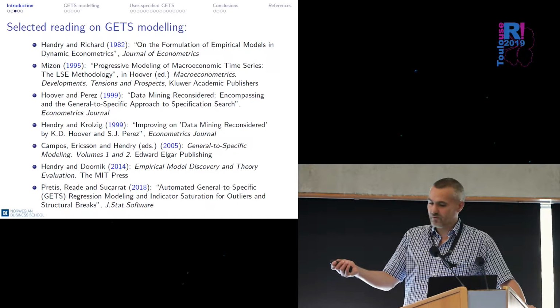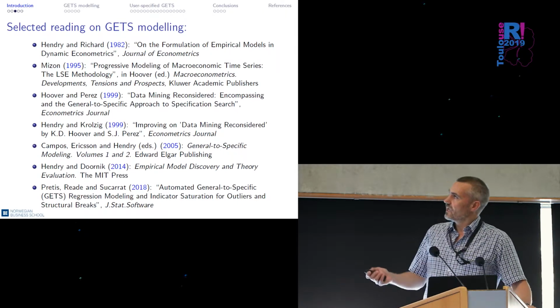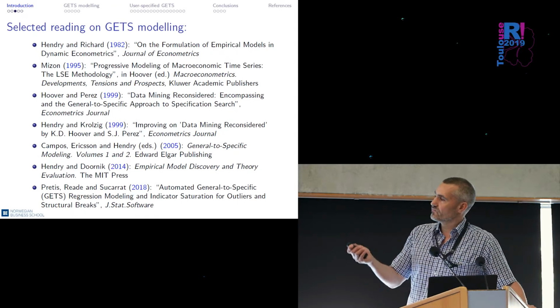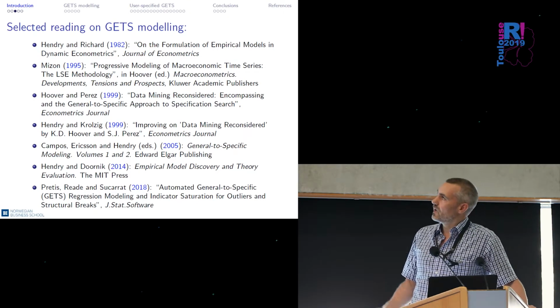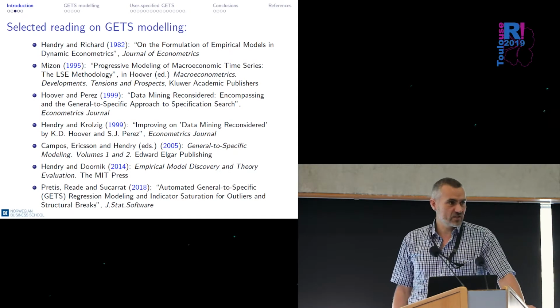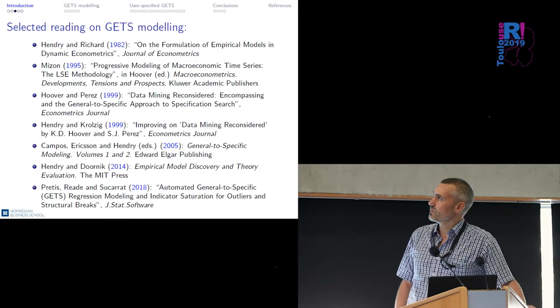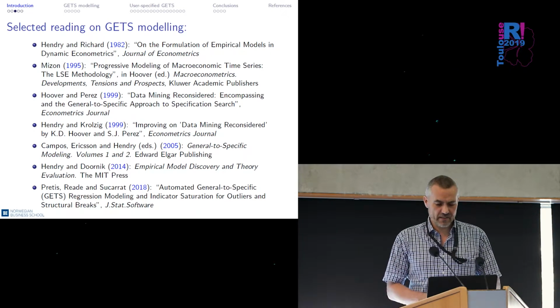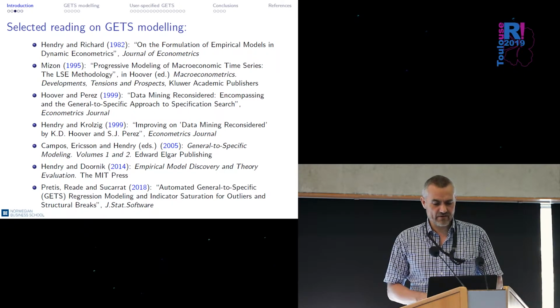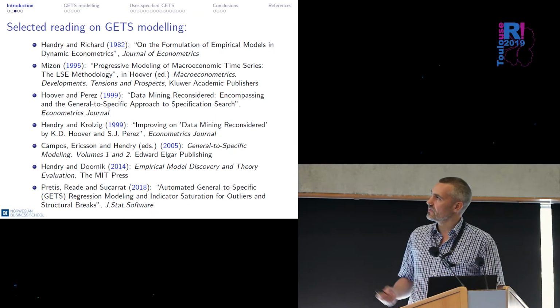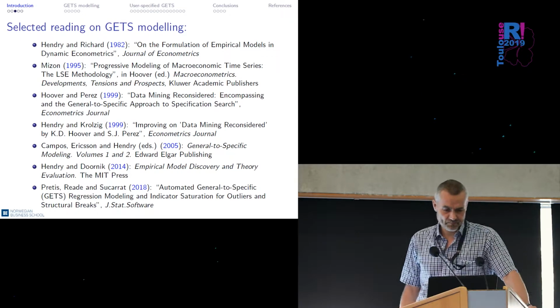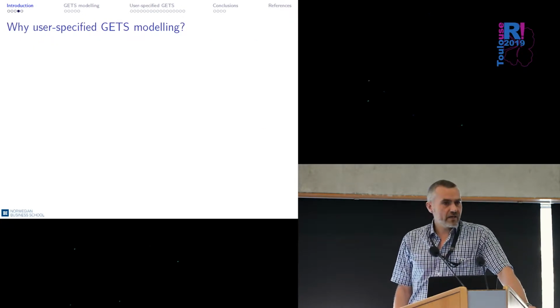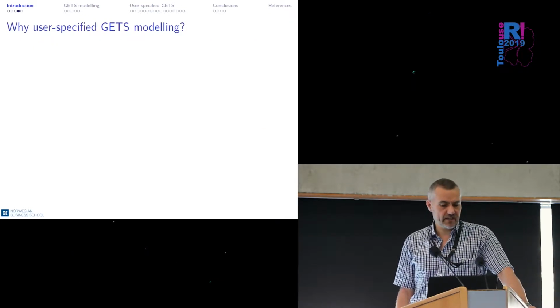This is freely available on the net. I've also cited some other references on Gets modeling. You can see here that Gets modeling is not new. It has been around for some time. And over time, it has been refined, and various aspects of it have been studied, and there's quite a lot of literature on it.